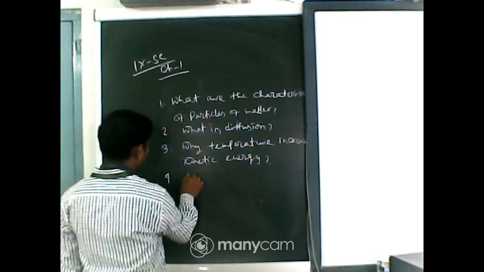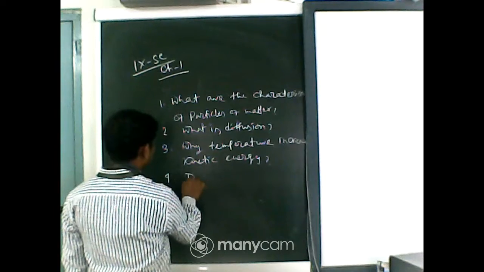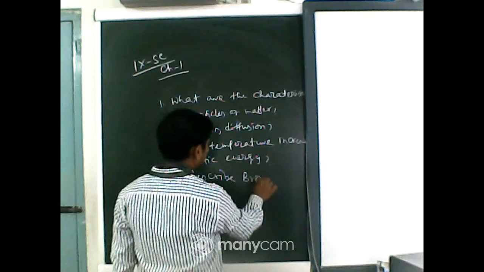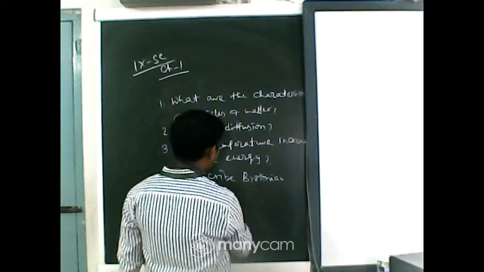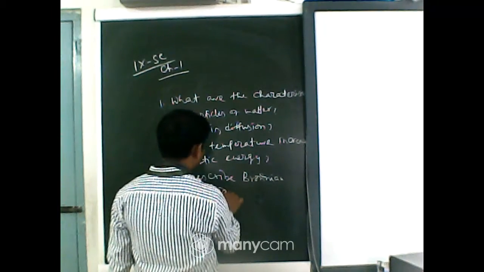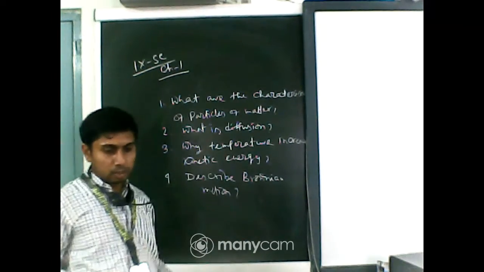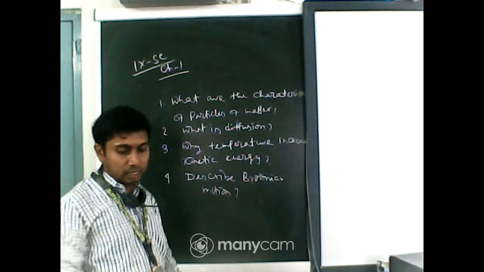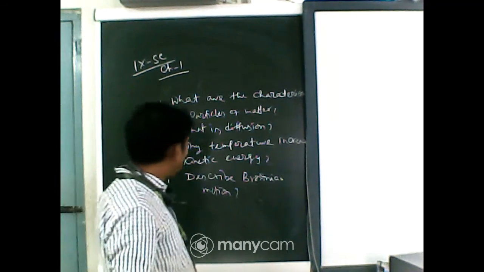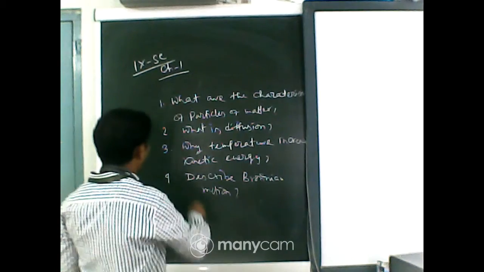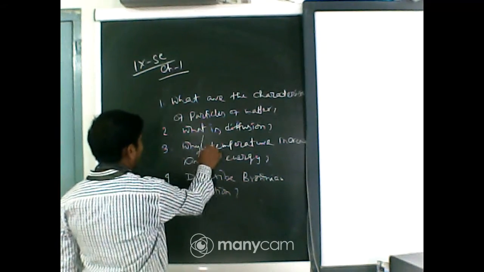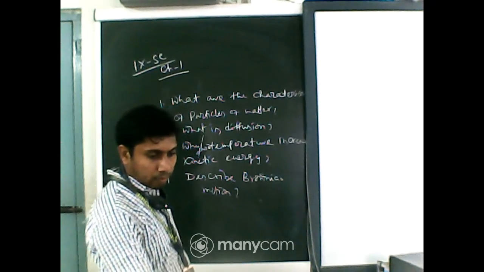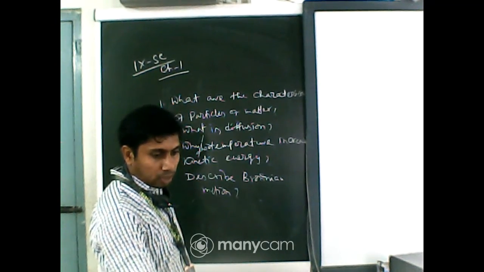Number 4, describe Brownian movement. Describe Brownian motion. Write it quickly. Question number 3 is why temperature increases kinetic energy, or you can also add why or how. Why or how temperature increases kinetic energy. Okay, so that's all for today.